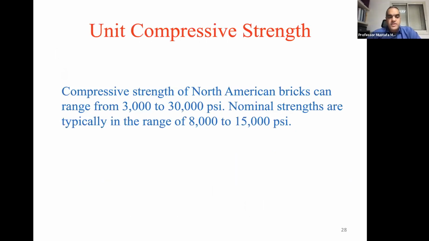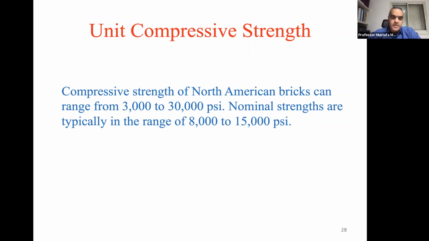The unit compressive strength ranges for the brick in North America between 3,000 to 30,000 psi. The nominal strength that is available typically in the market, or the one that's used, is 8,000 to 15,000. So as you can see, if you think of, for example, concrete, that's a lot. That's very strong. So they can actually support high compressive stresses.